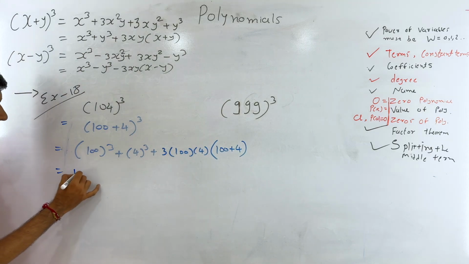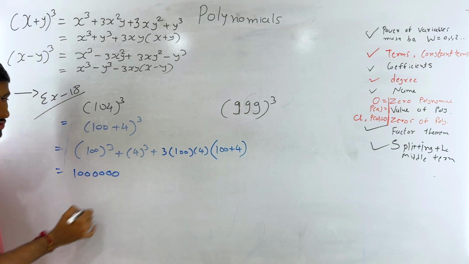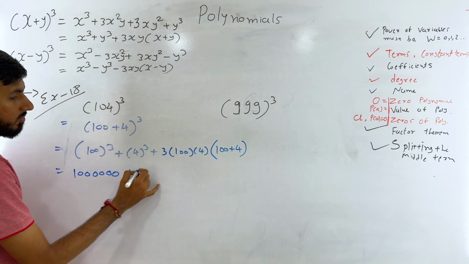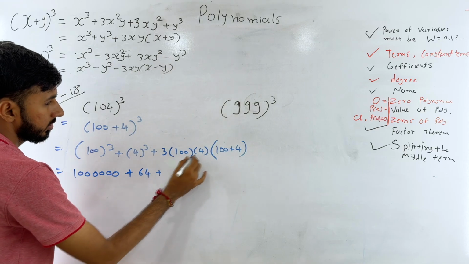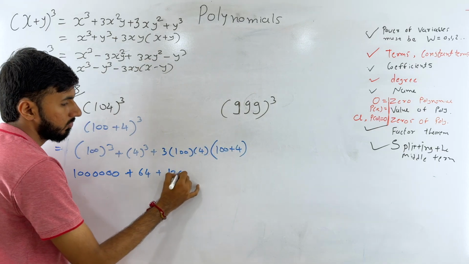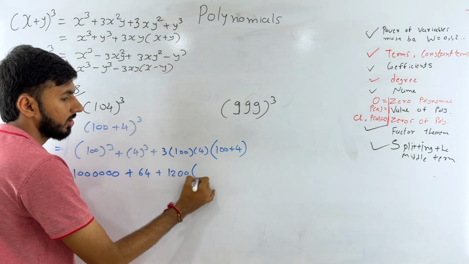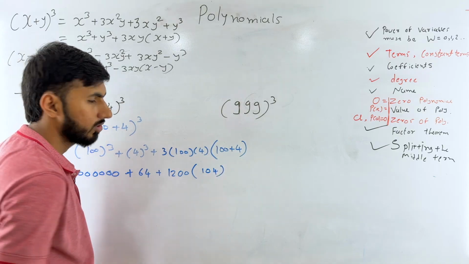So 100 cube will be 6 zeros, then 4 cube will be 64, plus 3 4s are 12 and 100, so 1200, in the bracket I have to write 104.